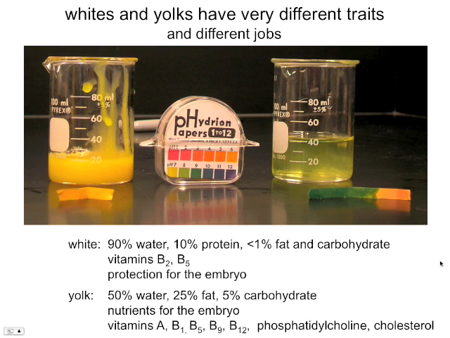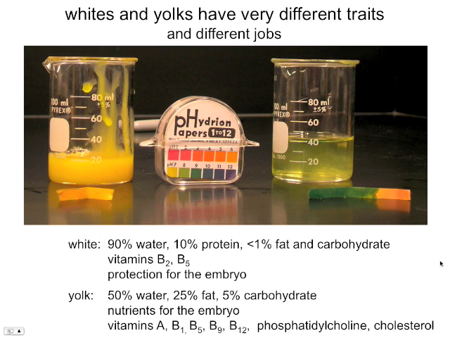White, 90% water, 10% protein, less than 1% fat and carbohydrate, some vitamins, although in limited quantities, and there will be trace amounts of other vitamins. I'm only showing you here the vitamins that are present in any appreciable quantity. The role of the white is the protection of the embryo, and I'll mention that again in a moment.